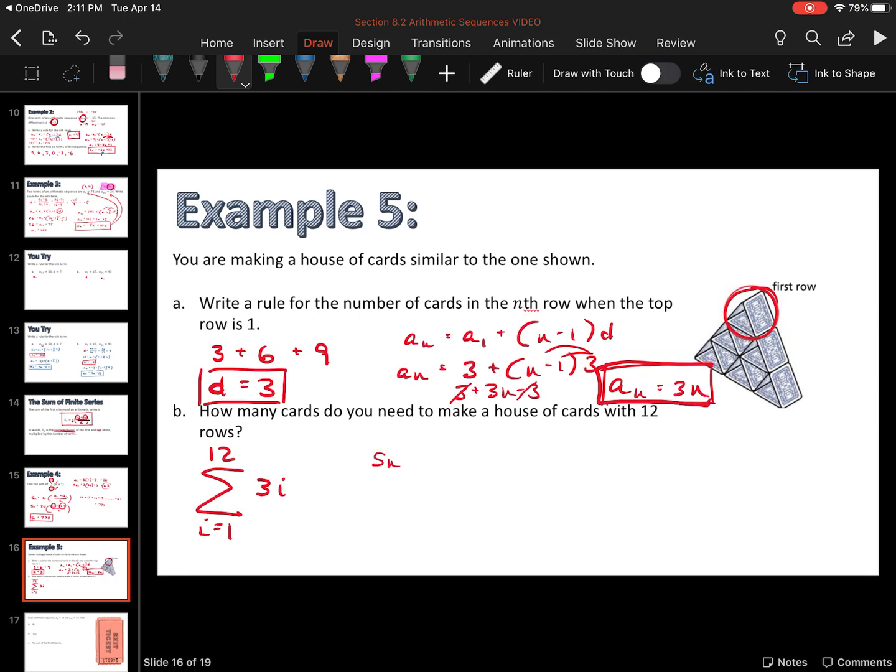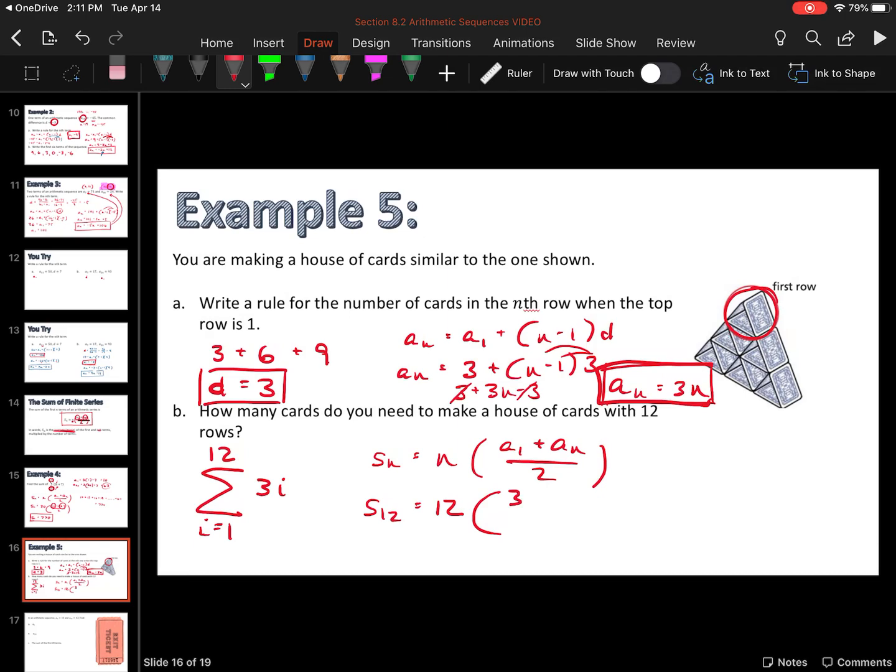I have my formula that says S of n is equal to n times a sub 1 plus a sub n, divided by 2. I want to know how many cards we need for the 12th row. I'm saying that my n is 12. In the first row, we start out with 3 cards.